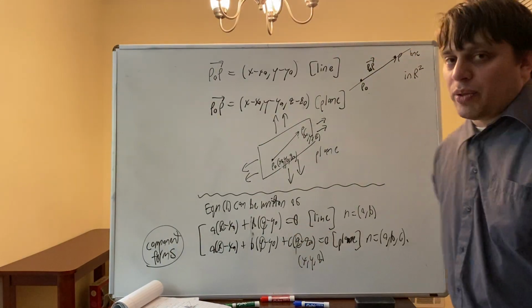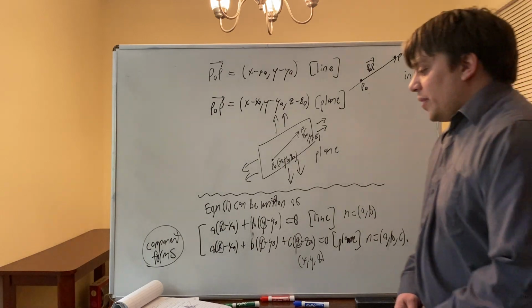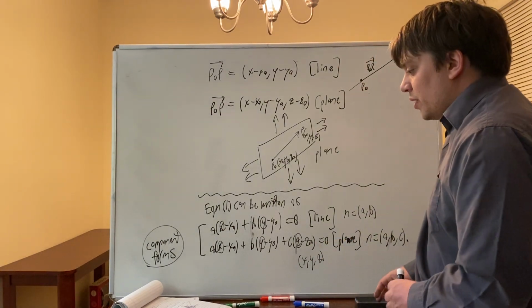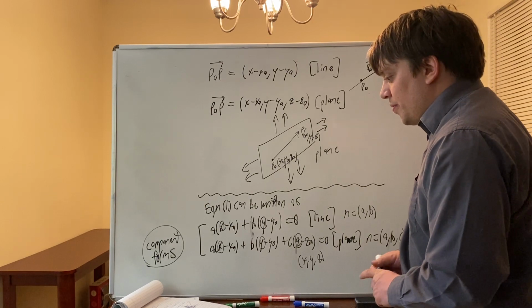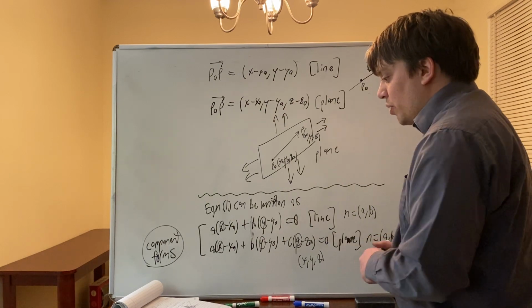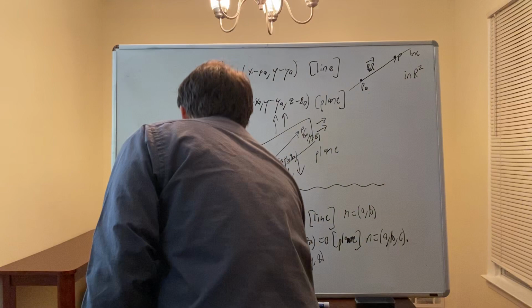And so that's why it's called component form. This is a little bit difficult, but in an example, it's a little bit easier. So these are component forms, and you can call them point normal equations of the line and plane.